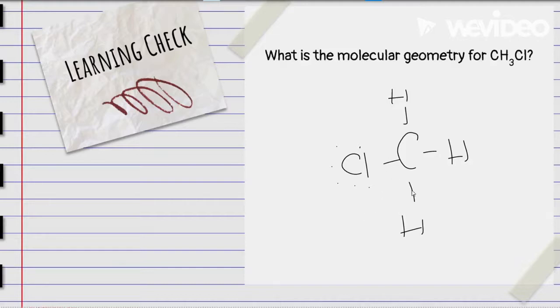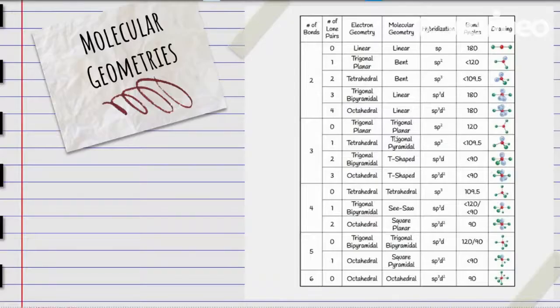We have 1, 2, 3, 4 bonds and no dots on carbon. So we should have 4, 0, and it becomes a tetrahedral structure, which matches the picture right here that we had when we put them as a molecule set.